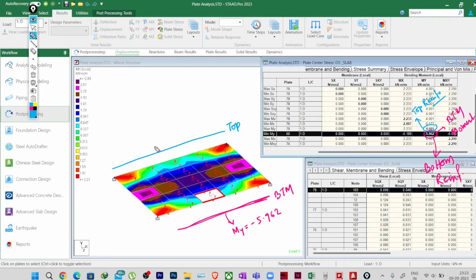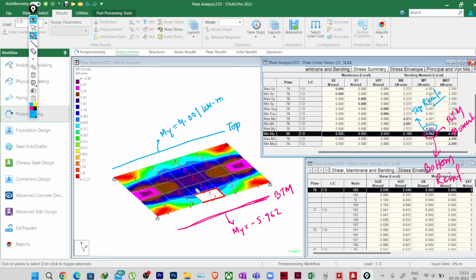So what is the top moment for which we will be providing? My equal to 4.001 kilonewton meter. Kilonewton meter per meter means it is actually for a 1 meter span. This is not an issue, so you can just write kilonewton meter. For this you will be finding the reinforcement.